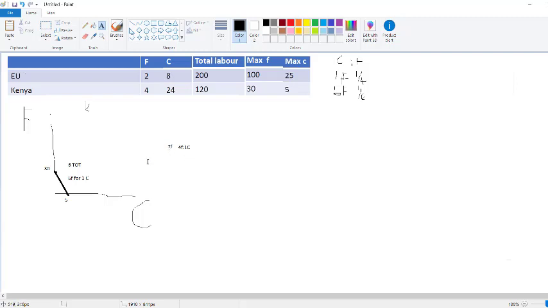So therefore, based on what we established now, any price more than 6 food per carbon or any price less than 6 food per carbon would result in only one product being produced, where you want both products produced because you're living under autarky. There's no trade happening outside the world.